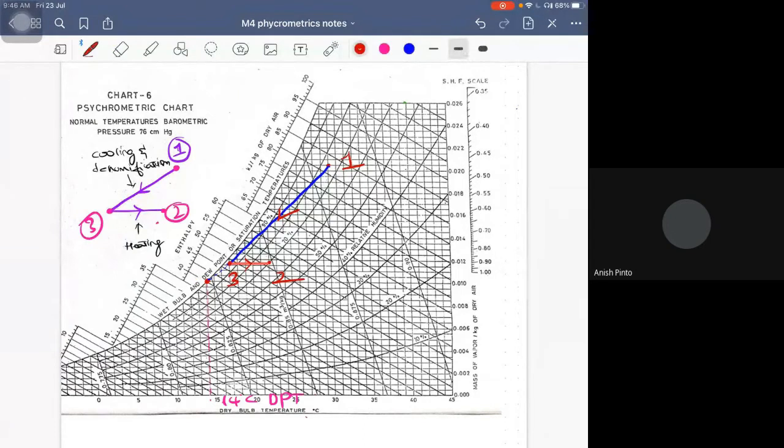Okay, done, everyone? Have you plotted the process onto the psychrometric chart? Mark the points 1, 2, 3, 4, and the process is going from 1 to 3 and 3 to 2. Is it clear? Yes, sir. I want a response from all the guys who have psychrometric charts.